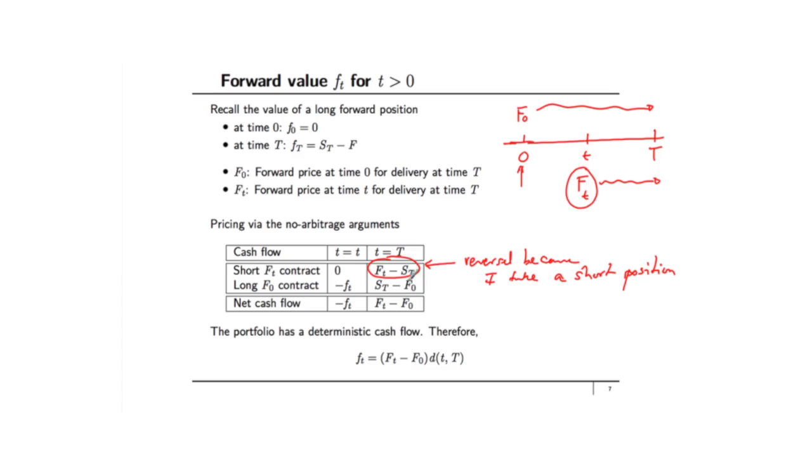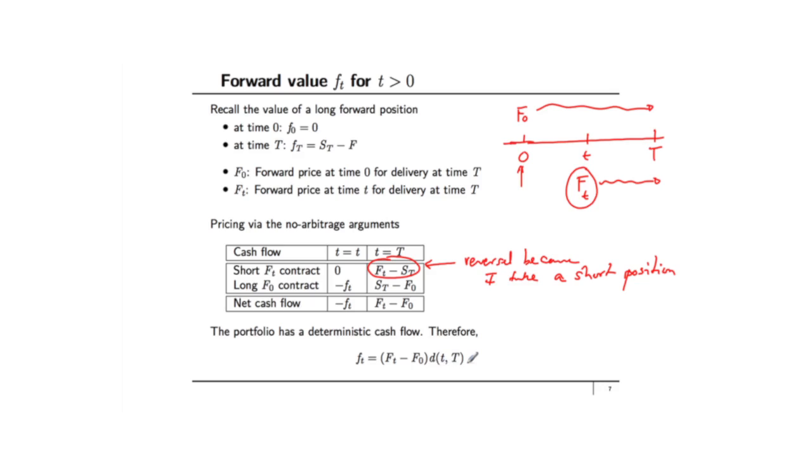F0 is the forward price associated with the contract that was written at time 0 for expiration at time capital T. If you take the difference, S capital T cancels, Ft minus F0 is a deterministic quantity, minus Ft is a deterministic quantity, and therefore you end up getting that the price, Ft, must be just the discounted value of the cash flow in the future, Ft minus F0 times the discount rate over the window little t to capital T.